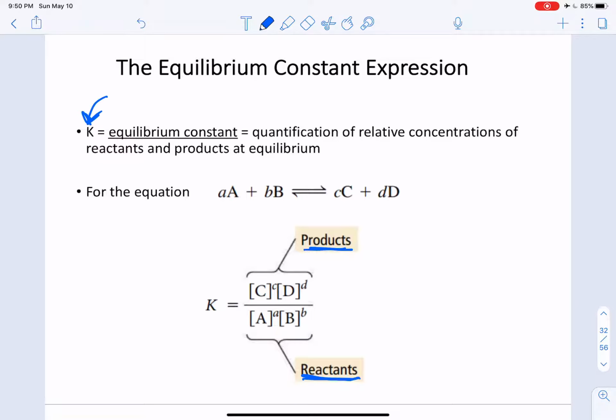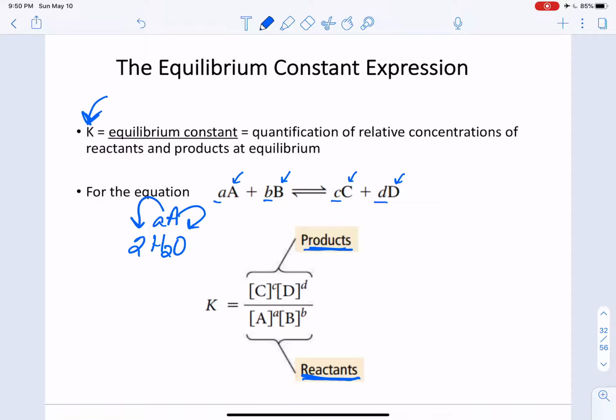Well, the lowercase letters, those are coefficients. And the uppercase letters, those are your compounds. So A could be something like 2H2O.